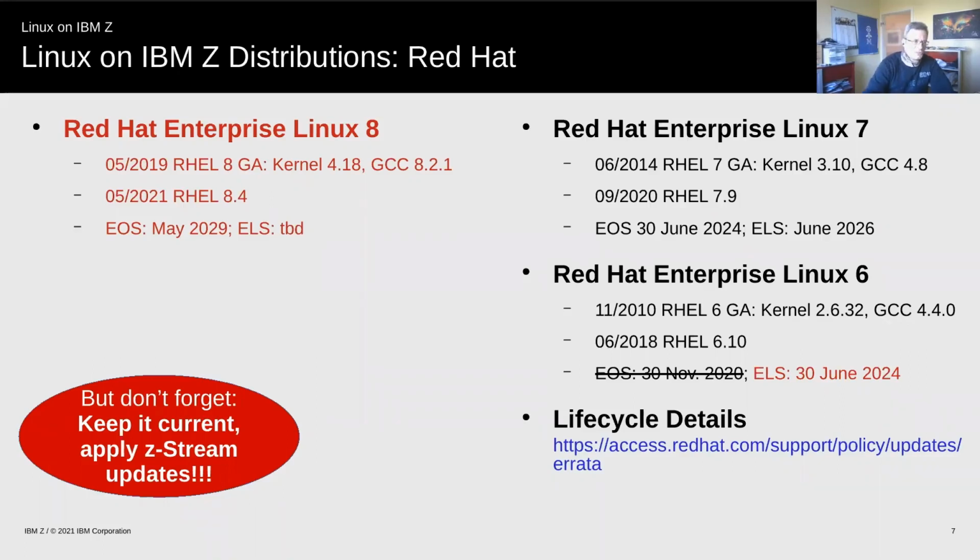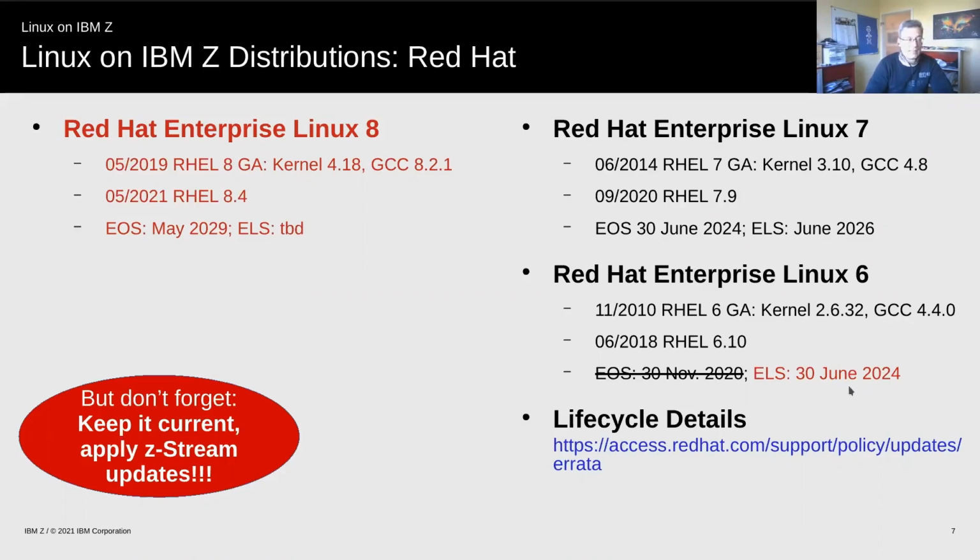Likewise to what we saw with SUSE, their oldest release, which would be Red Hat Enterprise Linux 6, is already out of the regular service time frame. However, that still has quite some life left in it. In case you have a service contract, you can still run it to 2024, which is quite a way to go.